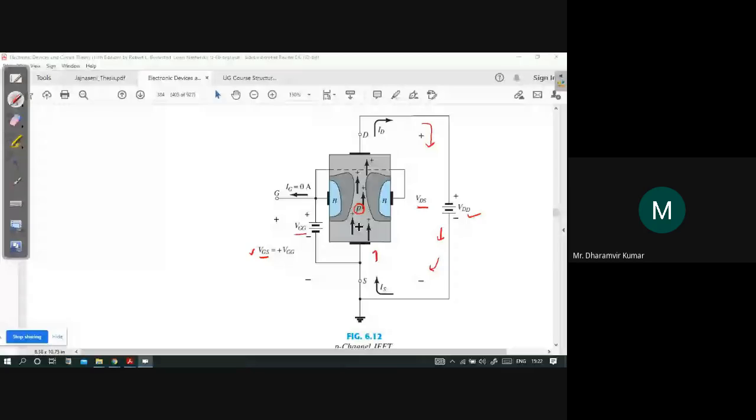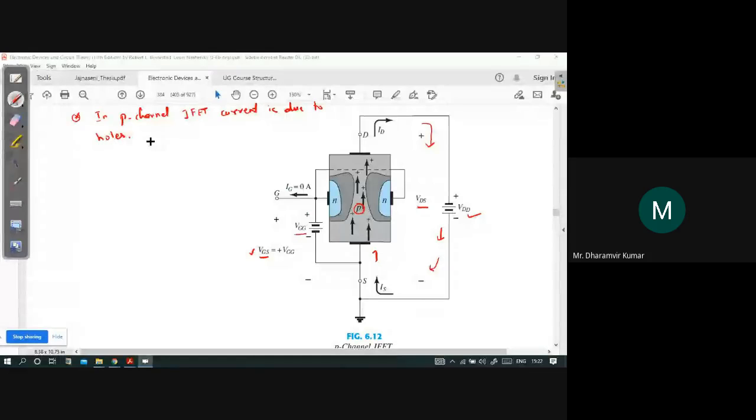Okay, so we can say that the current is mainly because of the holes in the case of p channel device. Okay, so I can write here in p channel JFET that current is due to holes.